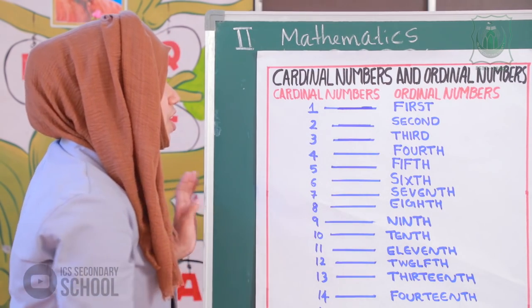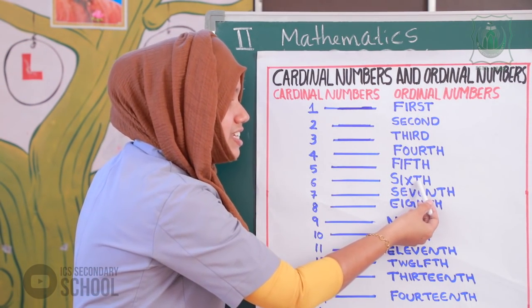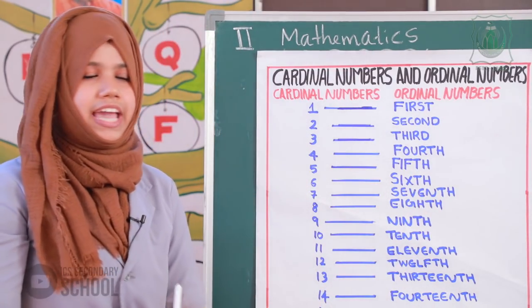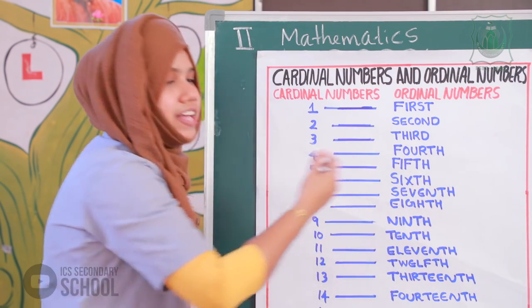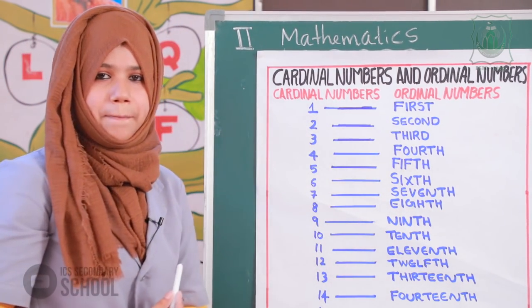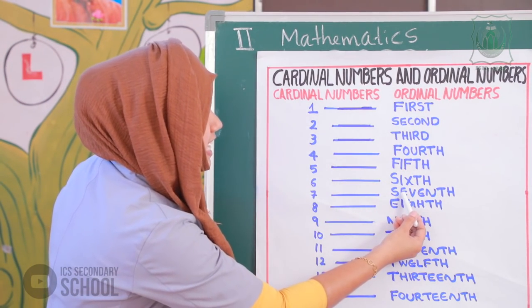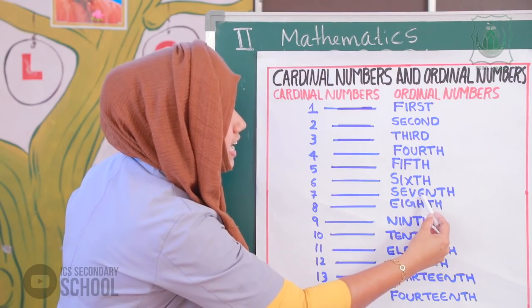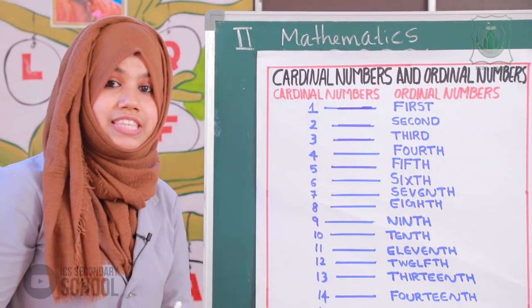And 6, cardinal number 6. What is the spelling of sixth? S-I-X-T-H. Next, 7 is the cardinal number and the ordinal number is seventh. What is the spelling of 7th?